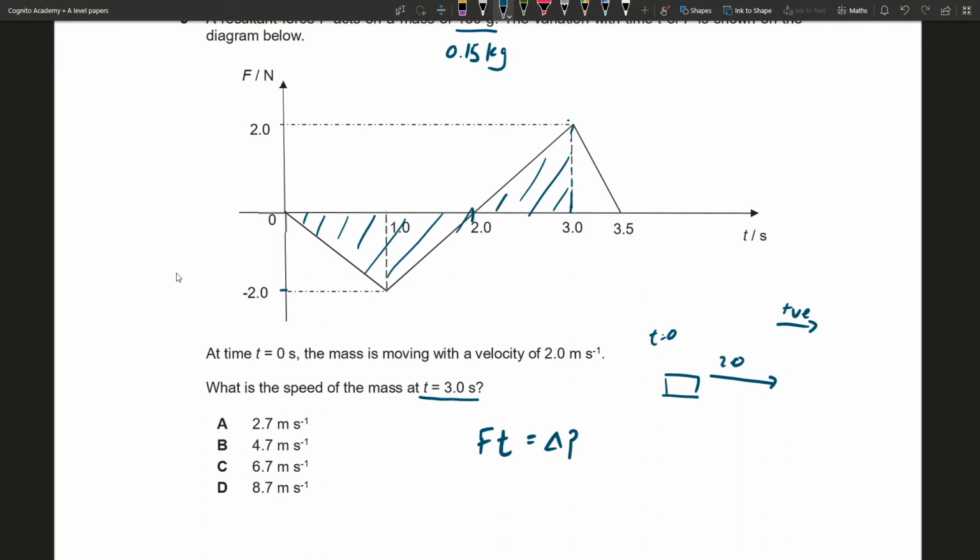And the area under the curve here is, so this part is negative and this part is positive, and they both cancel out.